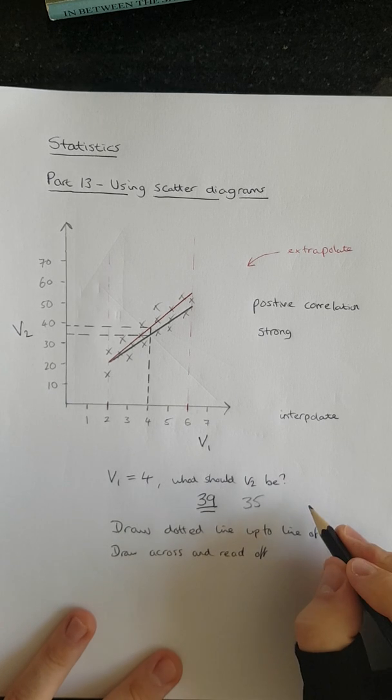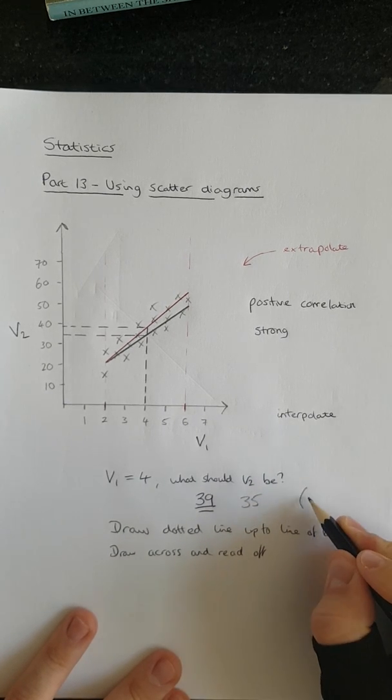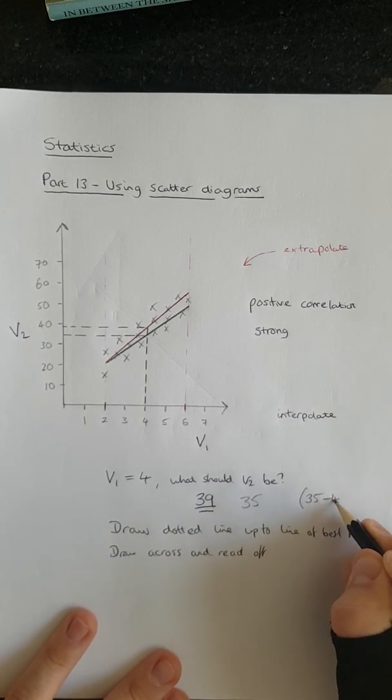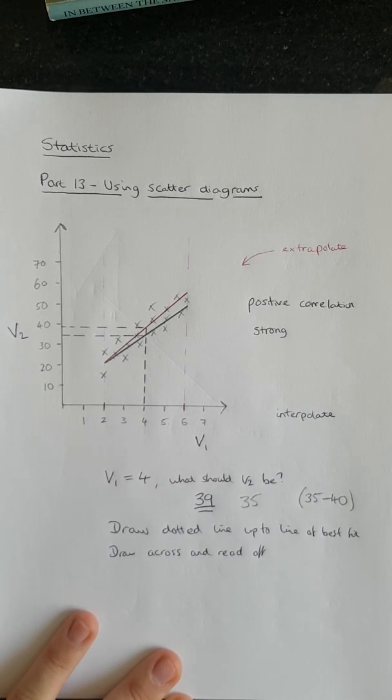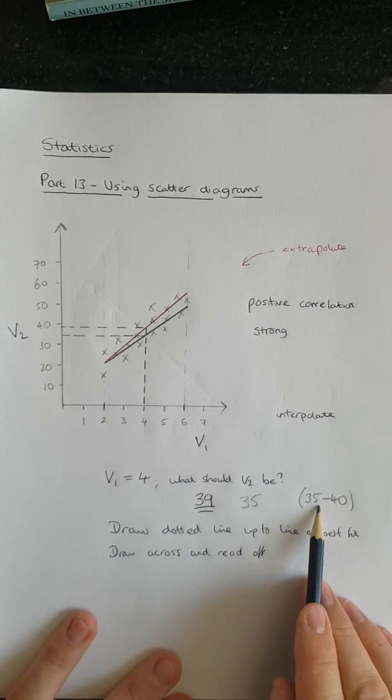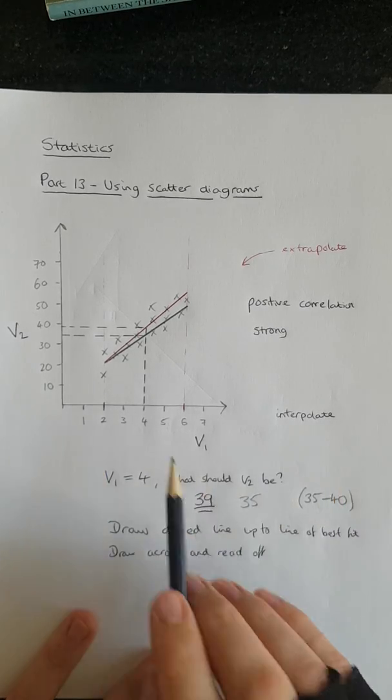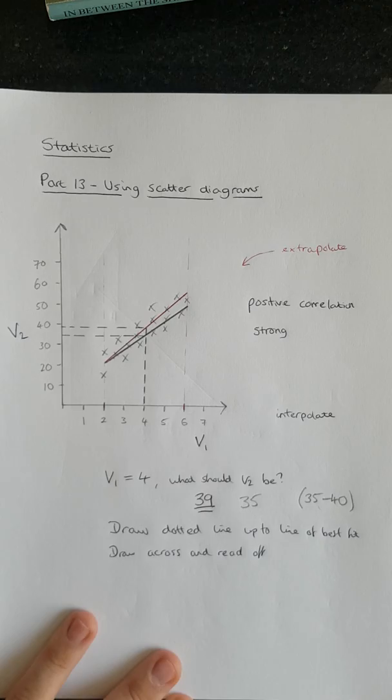Now, if this was a GCSE exam question, you might be given an acceptable range. So, for example, any answer between those two values would be accepted. And it will probably be provided that you've drawn the line of best fit to show how you've done it.